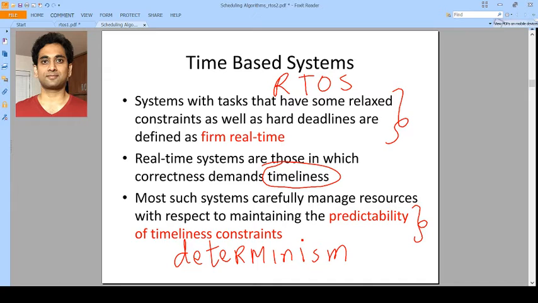So in other words, being able to predict the behavior, specifically being able to predict the timing behavior of an operating system, of an embedded system, is very valuable for a real-time operating system or a real-time embedded system.